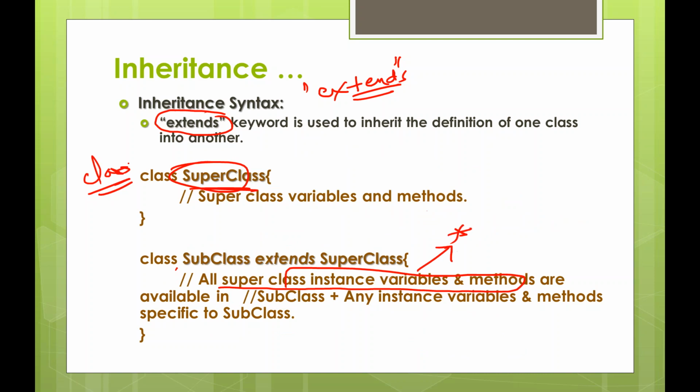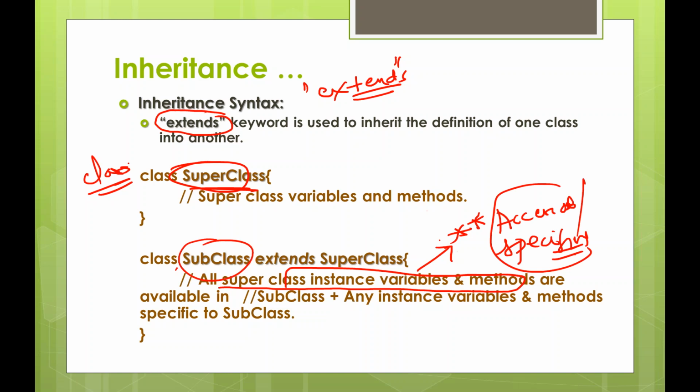We always attach a star to that statement. Let us attach two stars, because access specifiers come into play. Based on these access specifiers, the respective instance variables and methods are visible inside your subclass.